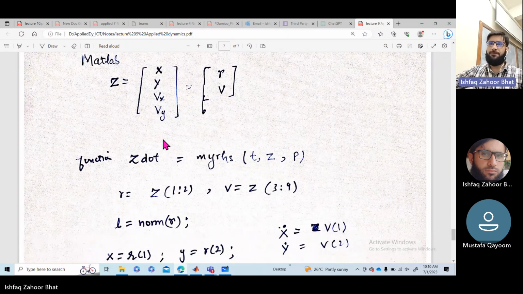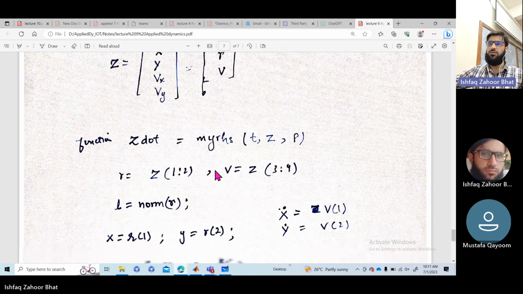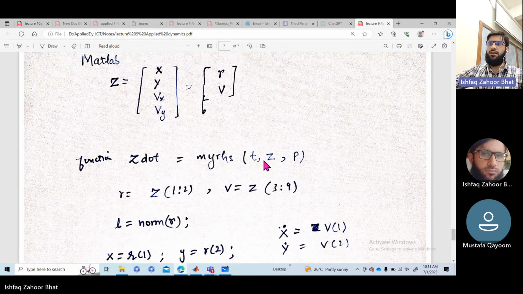Now, in MATLAB, we will calculate the Z double dot. This is Z double dot, not Z dot, as I mentioned in the previous class. So this is Z double dot, it is equal to my RHS, a function of T, Z, and P, and we will see how we go through this. But let's assume that we know this Z. By this, I mean that at any instant of time we know X, Y, Vx, and Vy.